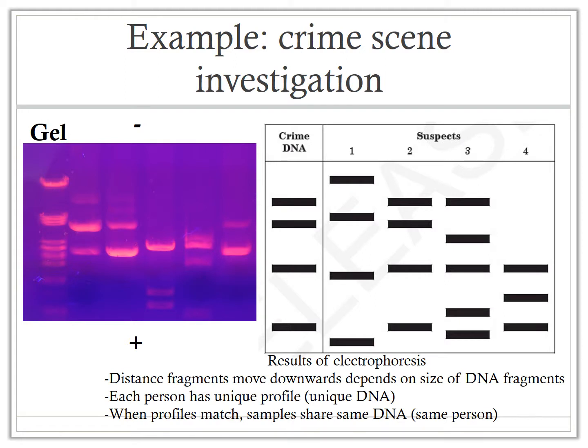And so looking at the results of an electrophoresis, the distance that the fragments move downwards depends on the size of the fragments. So these guys down here are much smaller fragments than the ones up here. Even though we're looking at these lines as being the same size, don't think of it as being one piece of DNA.